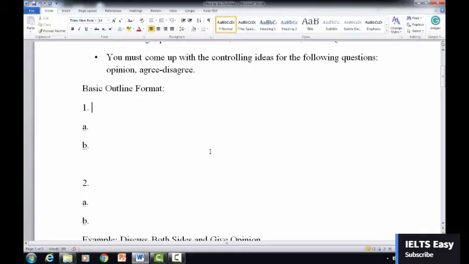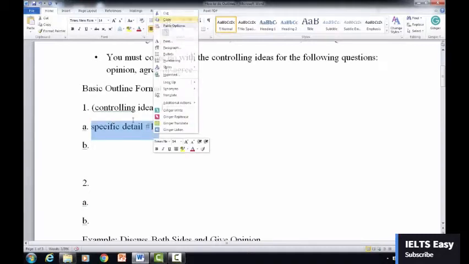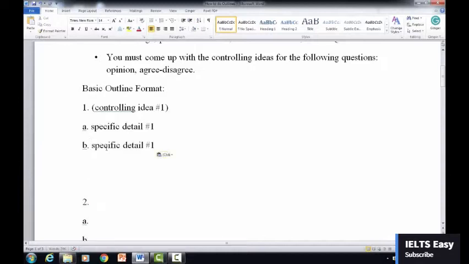And when we're talking about A, that's our controlling idea. That's controlling idea number one. And then this is specific detail number one. And then B is our specific detail number two.